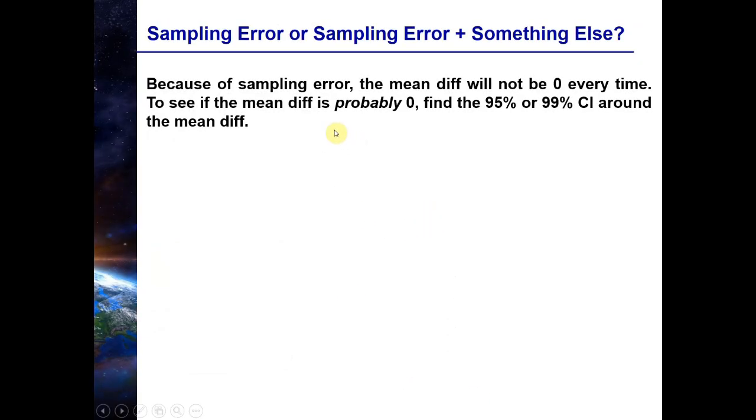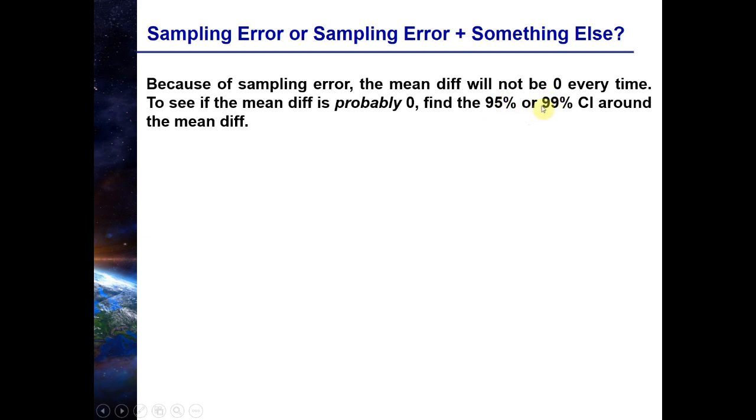In order to determine whether it's just sampling error or something else on top of sampling error, you're going to calculate either the 95 or the 99 percent confidence interval, your choice. The 99 gives you a higher chance of being accurate, but it's also going to give you a larger interval size.